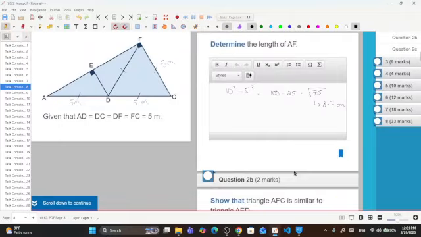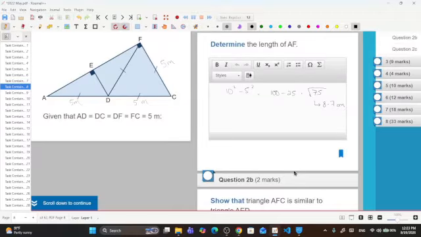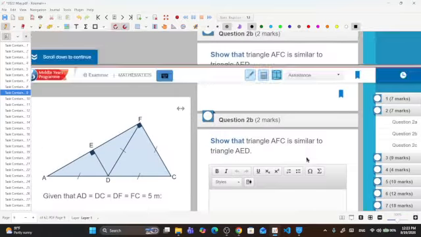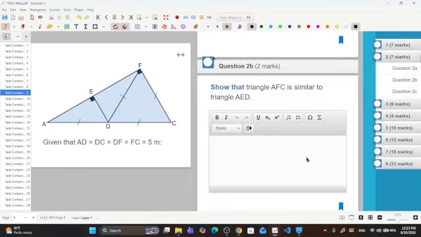Show that triangle AFC is similar to triangle AED. AED. AFC. Let's have a look. Hmm. This is related to similarity and congruency.